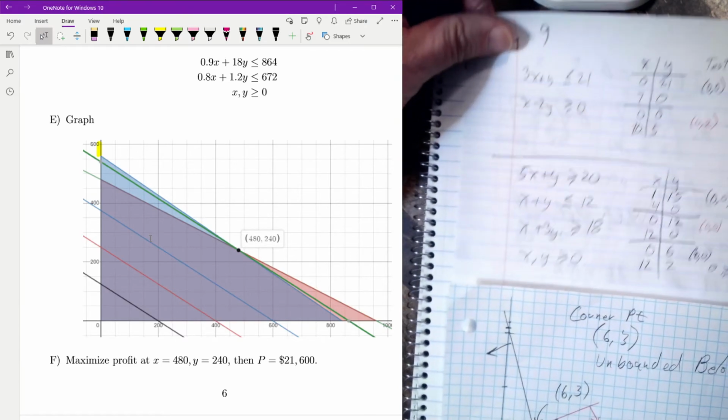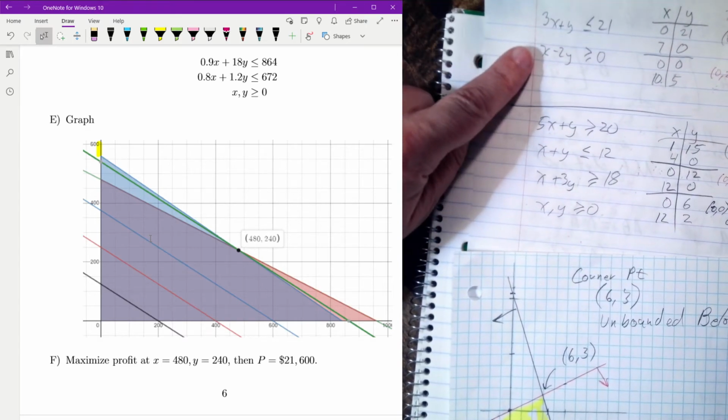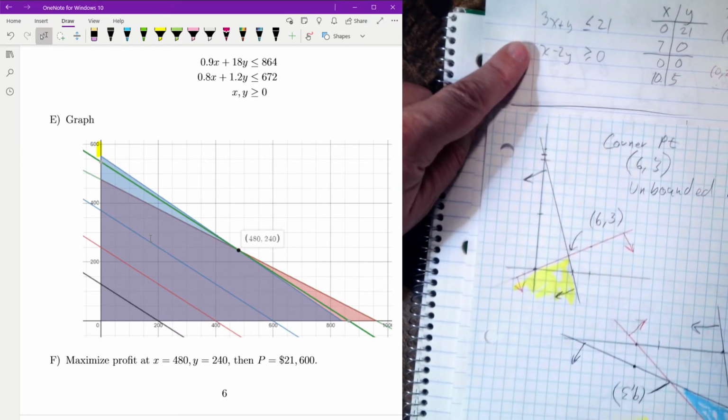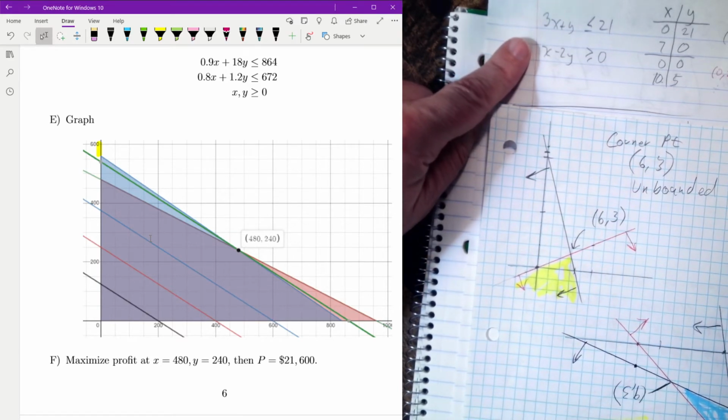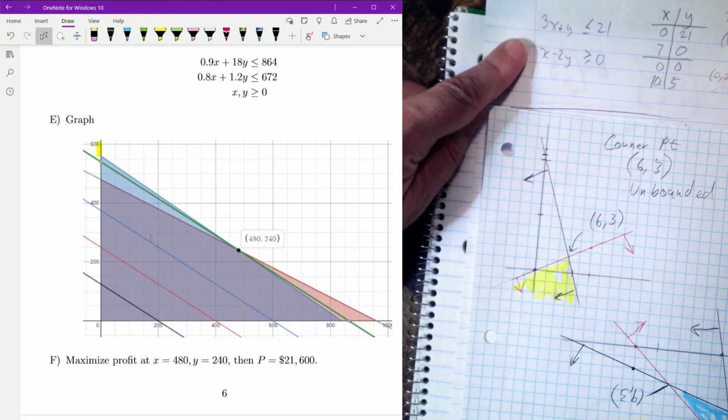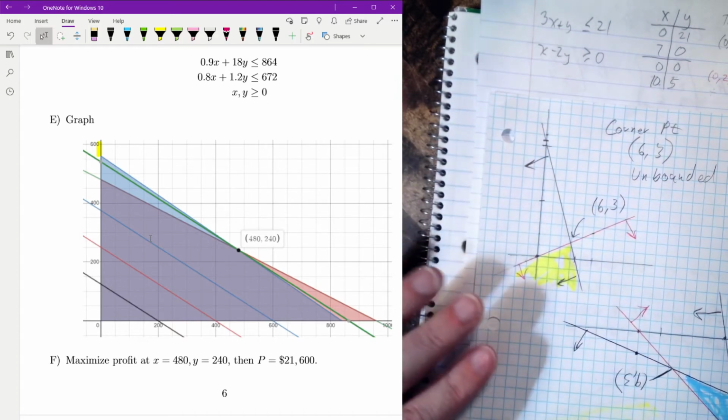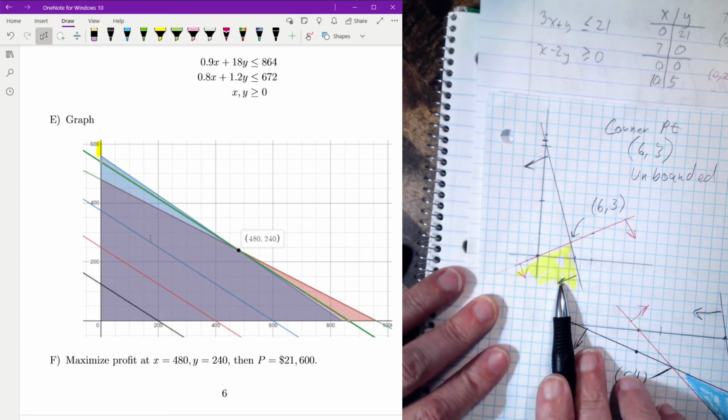So if we recall this equation, these linear inequalities, 3x plus y less than or equal to 21, etc., matched up with this.